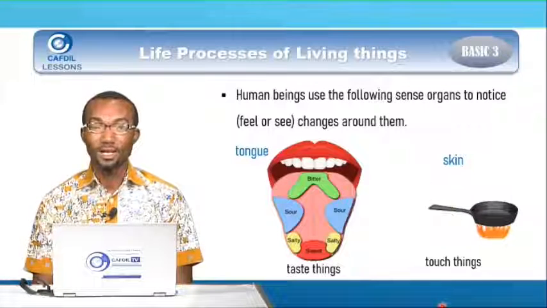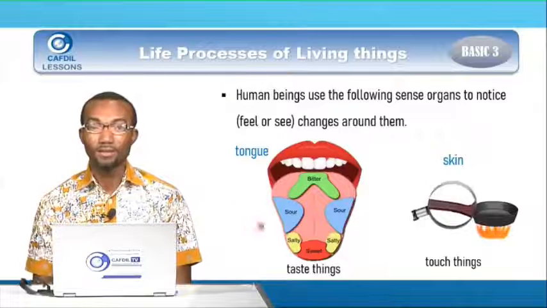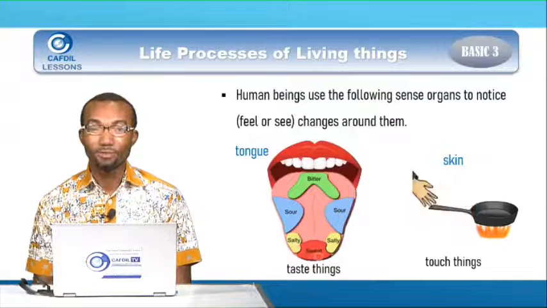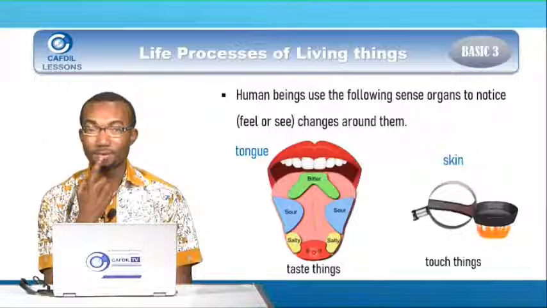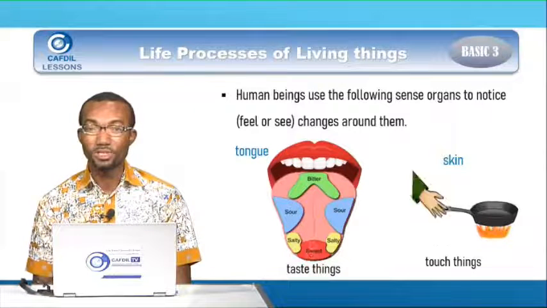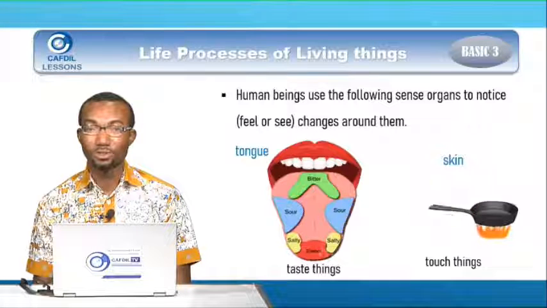You also have the tongue to taste things. If you look at your tongue, it is divided into parts. The tip of your tongue is used to taste sweet things. The one shaded red, as I'm showing you, is used to taste sweet things.